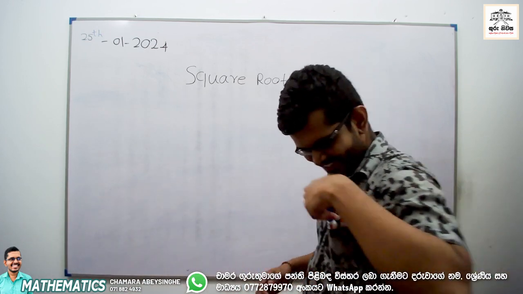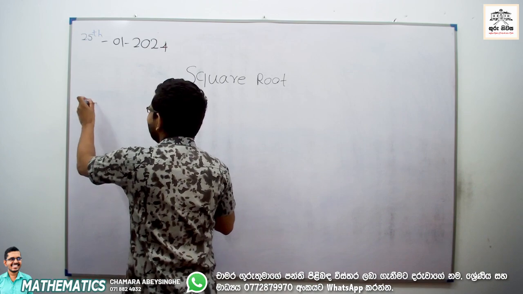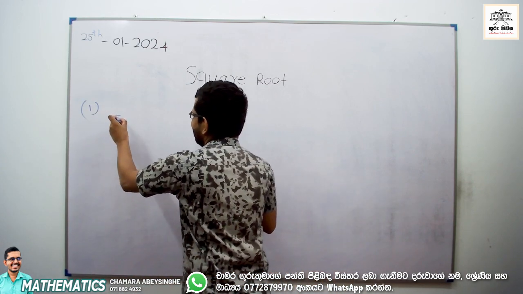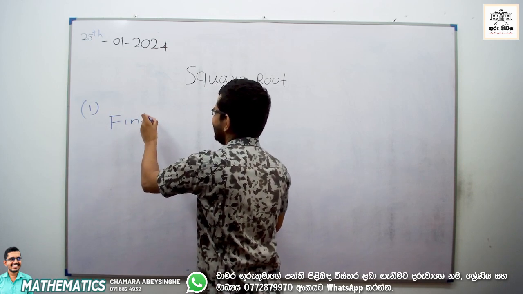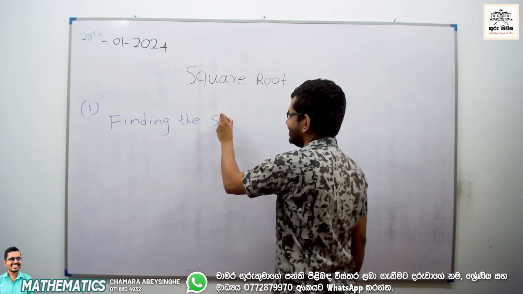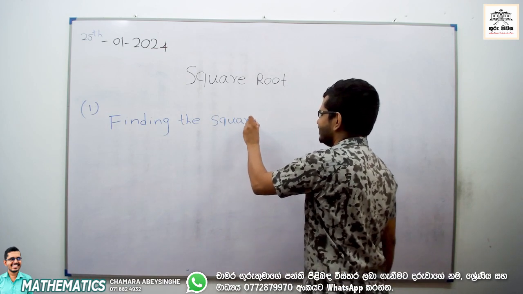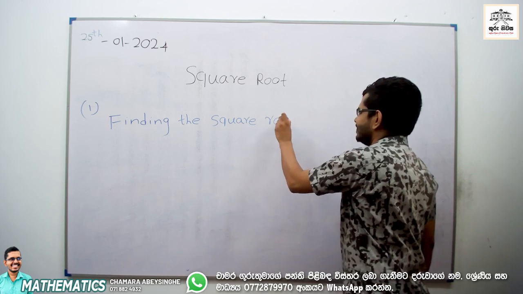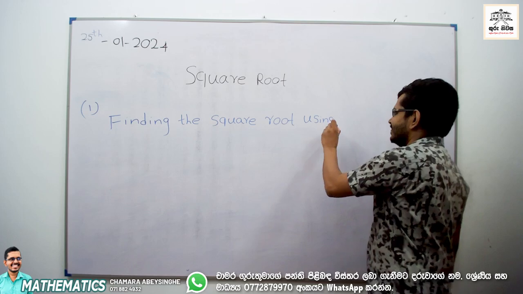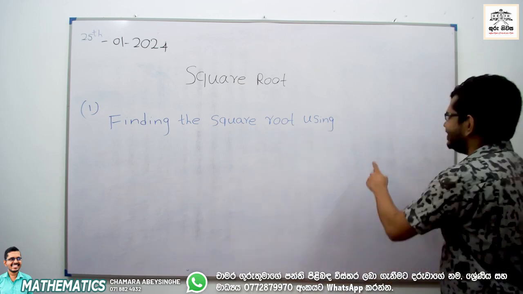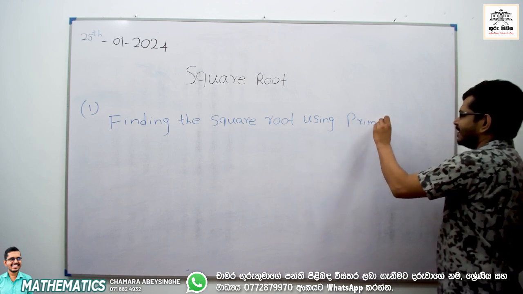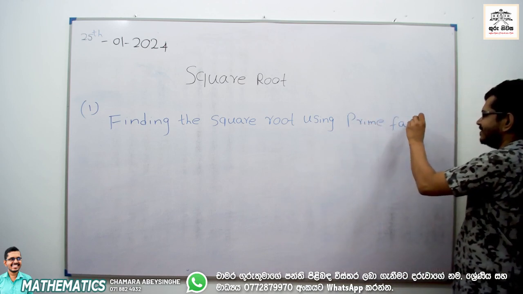Okay, our first one is the first method of finding the square root: finding the square root using prime factors.